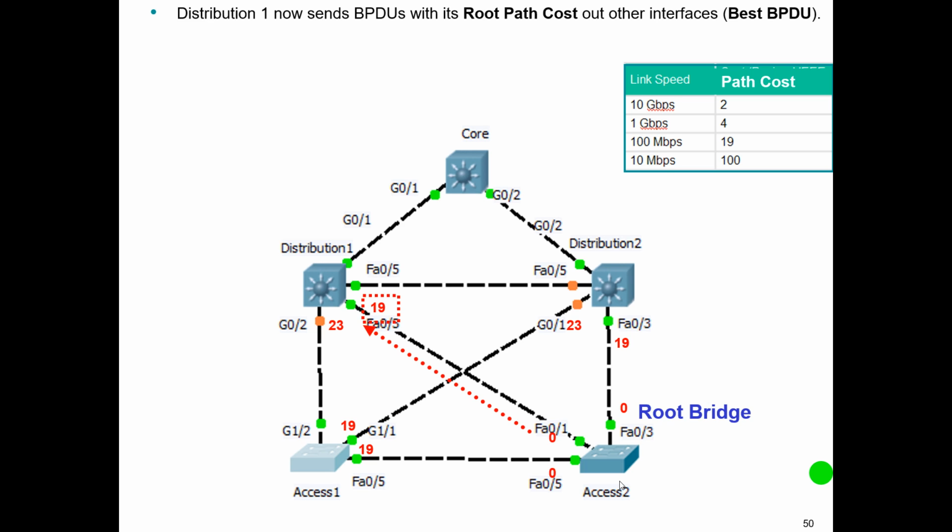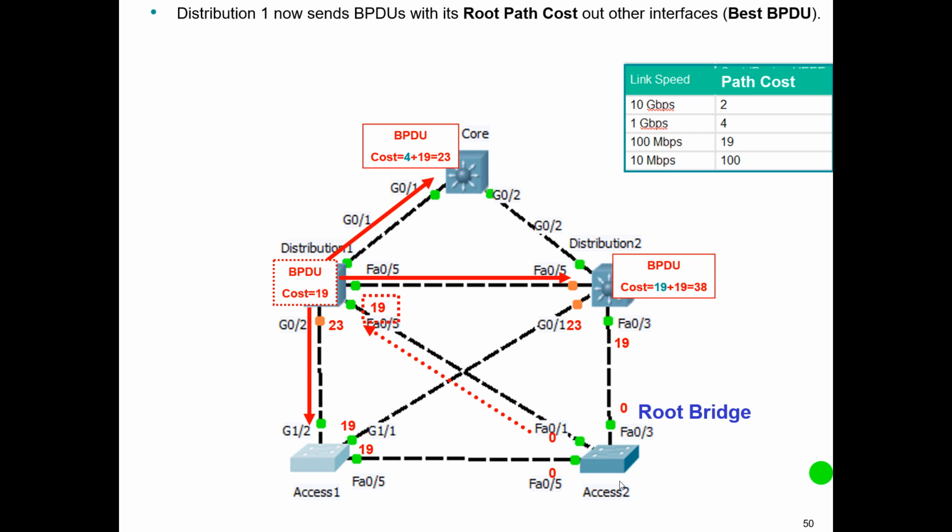So distribution 1 will now send the BPDUs with its root path cost out its other interfaces, all of its different interfaces. Again, we're adding the existing 19 path cost, and we're going to add the additional path costs for the new links to the next switches.